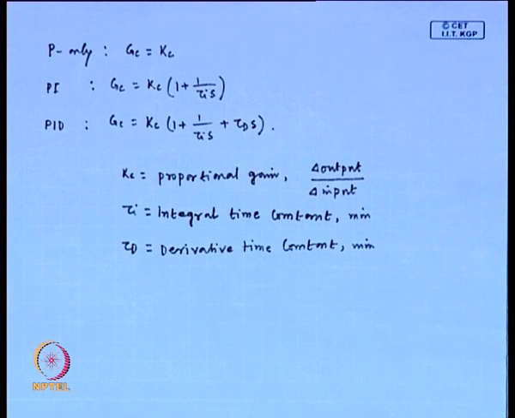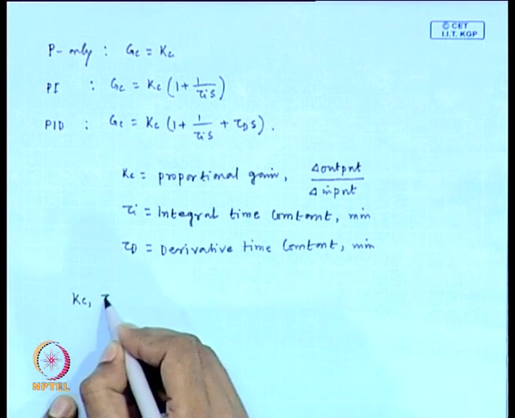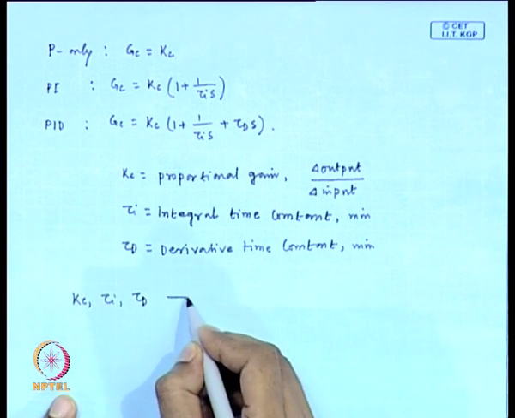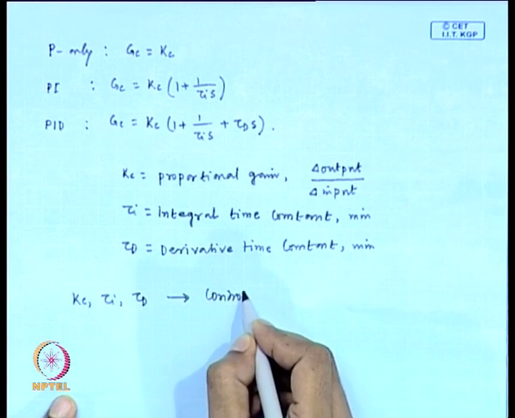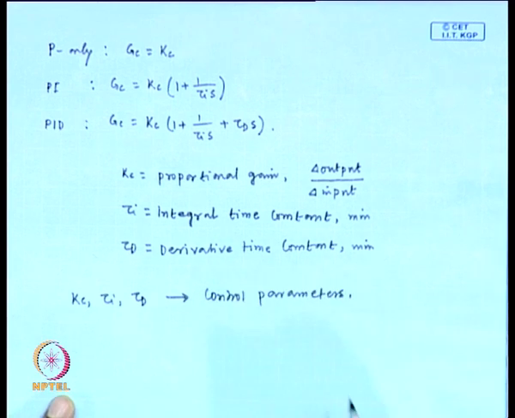So, these three parameters are the control parameters. K c, tau I and tau d are the control parameters. Tuning of these parameters, how we can select the values of these three tuning parameters, will be discussed later.